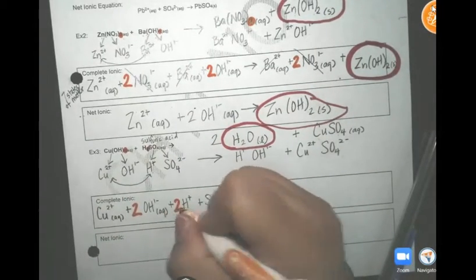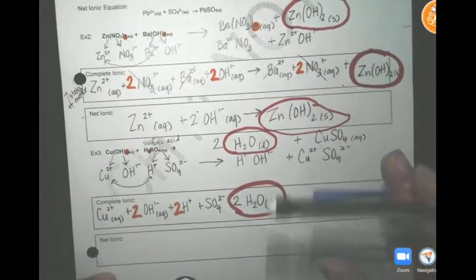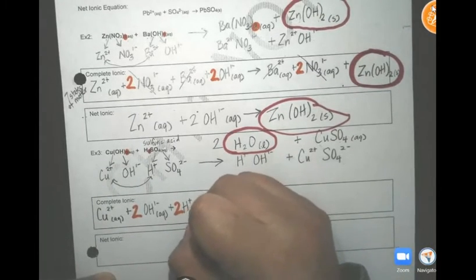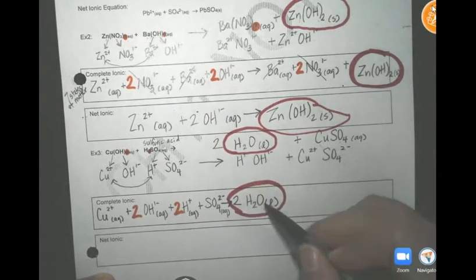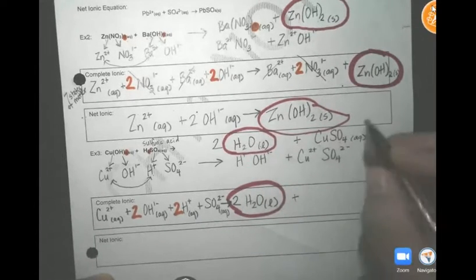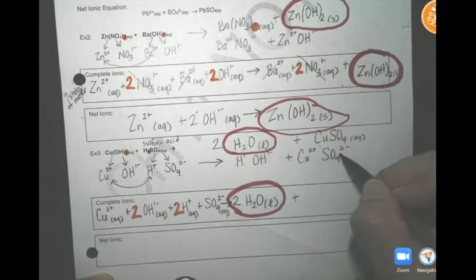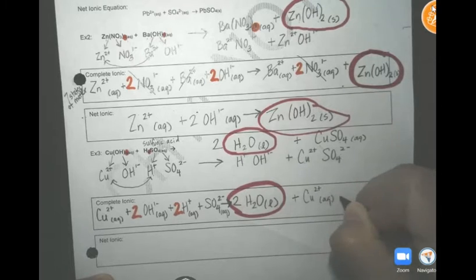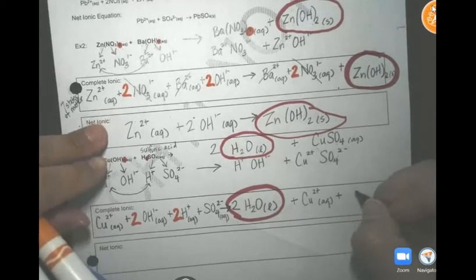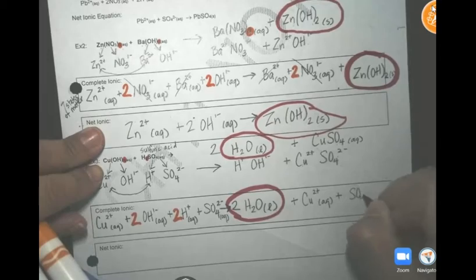This is where it's important because now that 2 is going to go here. These are aqueous. These are going to form the 2H2O liquid, and these did not make up a precipitate or the liquid water, so these stay as ions. Cu2 plus aqueous plus SO4 2 minus aqueous.